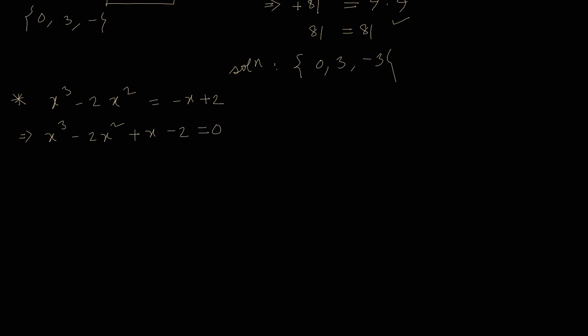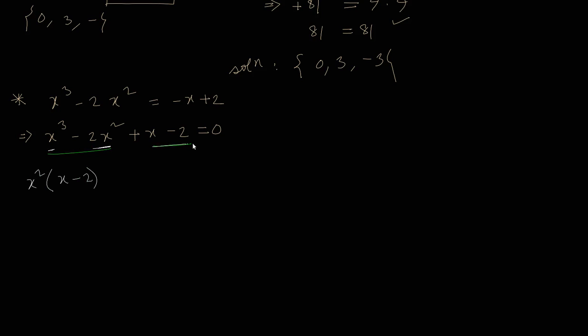Okay, now we have 4 terms, so I am going to group them together. Let's say I'll make this one group and that the other group. If it works fine, if it doesn't work, I'm going to use another combination. So first of all, out of x cube and 2x square, x square is common, so I can take x square as a common term, so I am left with x minus 2.